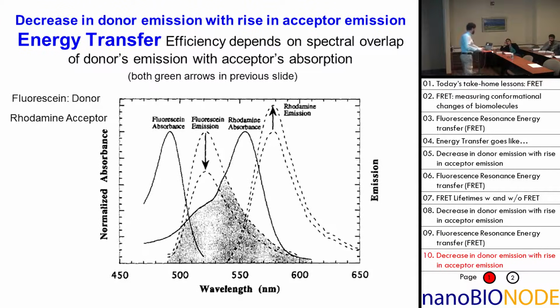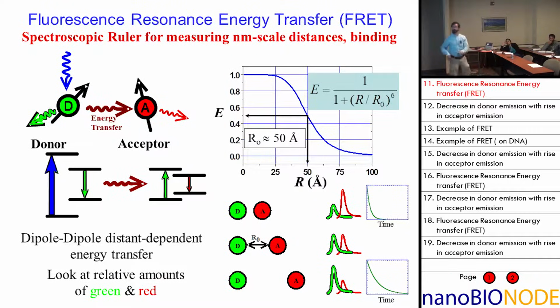You come in with a really short laser pulse, and then it'll drop down in a certain lifetime. Or, as we talked about in last class, you can also measure the lifetime via a frequency modulation.